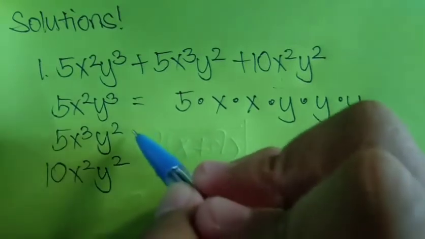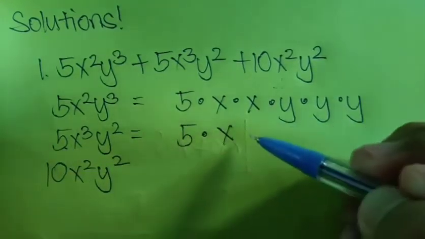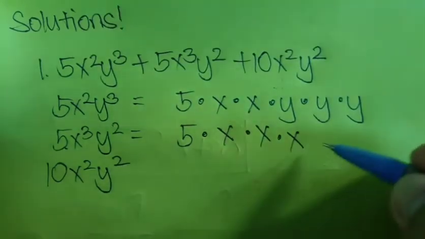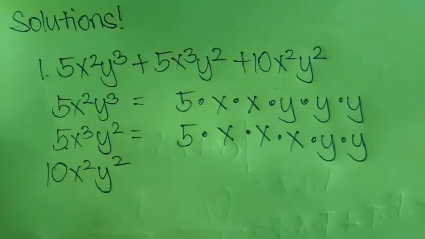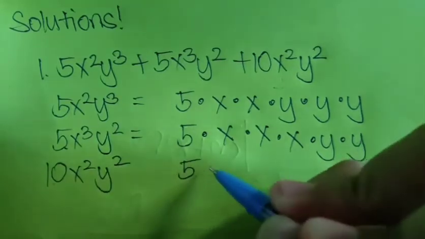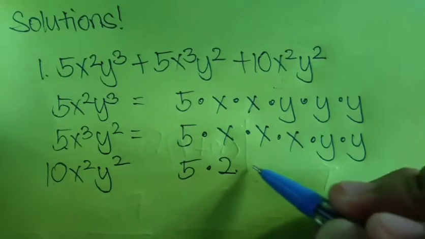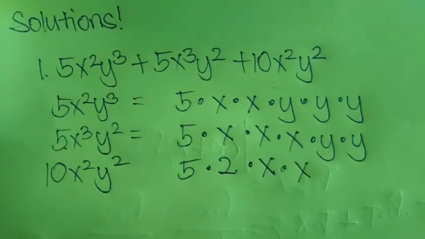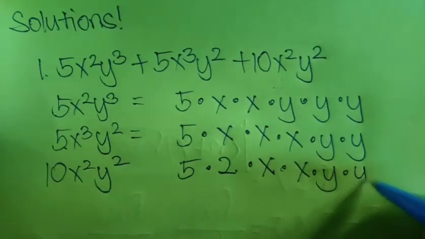Then, for the second term, 5 times x times x times x times y times y. For 10, we have 5 times 2. 5 times 2 is 10. Then times x times x times y times y.